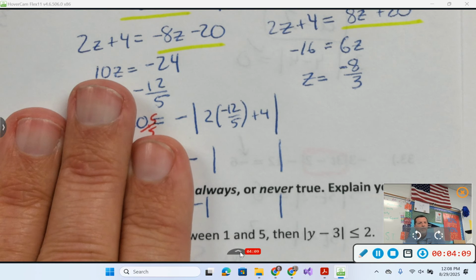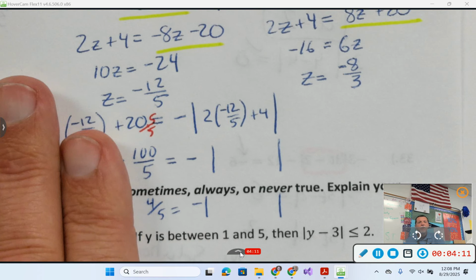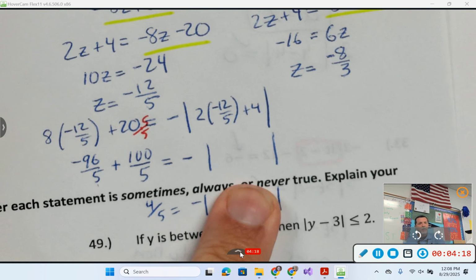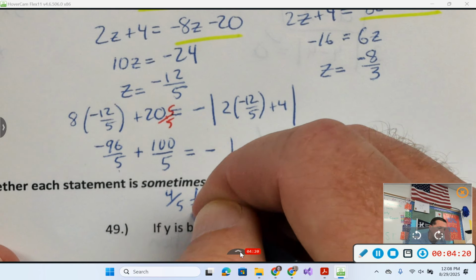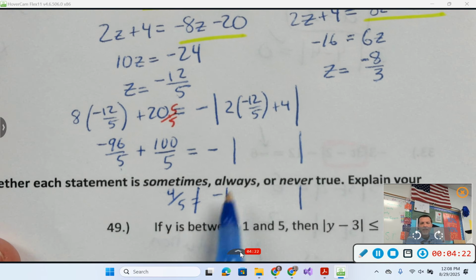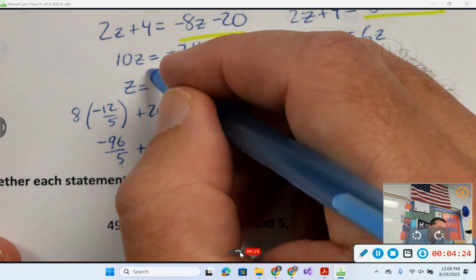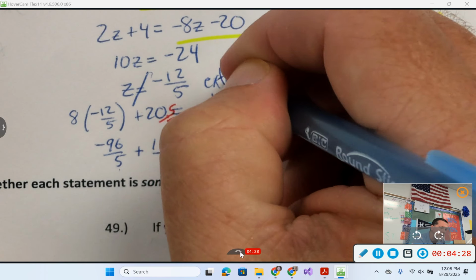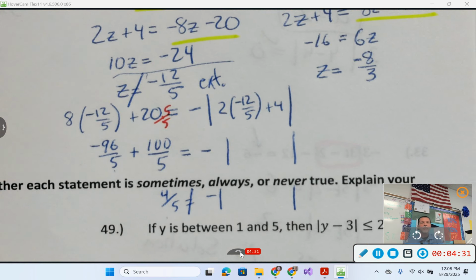Positive. And if I put a negative on it, there's no way that's going to equal 4 fifths. So I'm not even going to do all that. Negative 12 fifths does not work. It's extraneous. I don't want to box it either because it doesn't work.